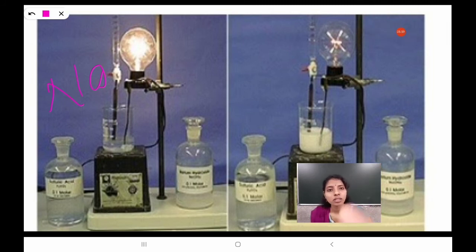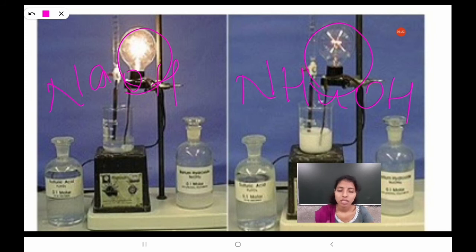In another beaker take ammonium hydroxide. Take the graphite rods and arrange the electric wires through those rods, right? Now here attach the bulb. Now once the experiment setup is completed, switch on the current.